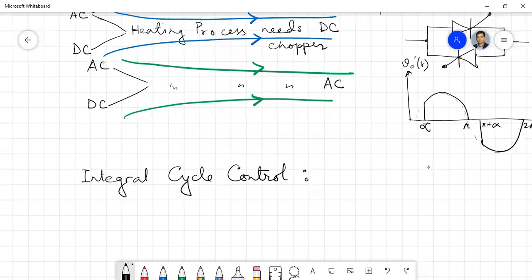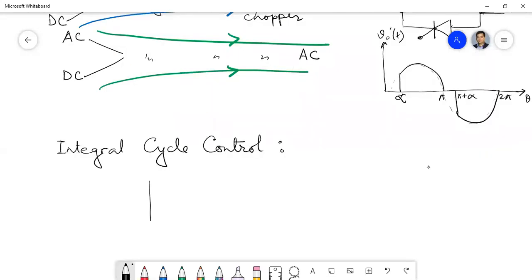In integral cycle control, what we do, suppose I have a voltage supply like this.